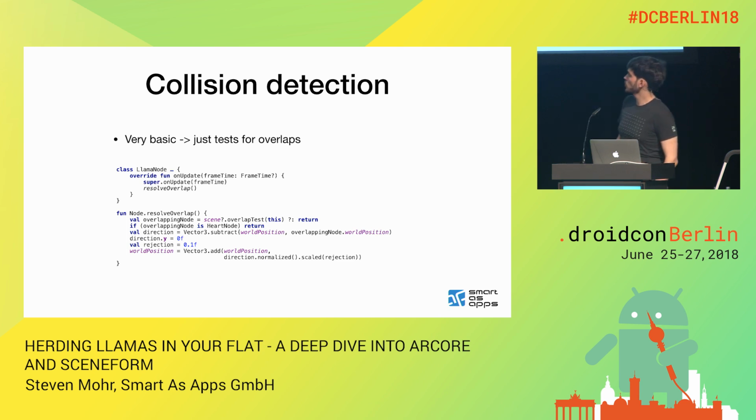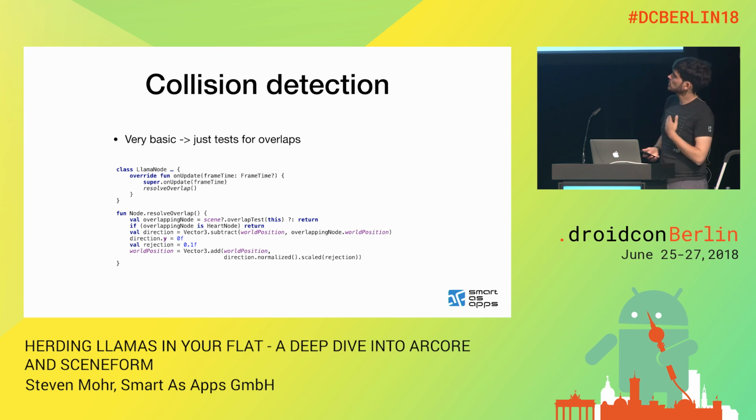For us, we just push one object away whenever there's an overlapping. So this resolve overlap, it checks whether one object overlaps with anything else. If this overlapping node is a heart, then we don't care because this is just an animation object. Doesn't matter. And otherwise, we make a vector between them and move it in the other direction so that these don't overlap anymore.